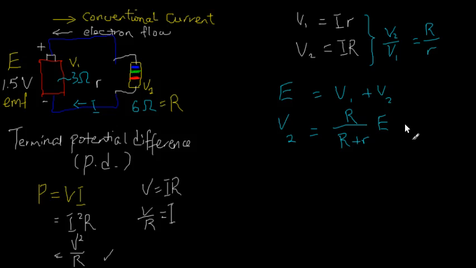And if I do that, I'll get the same answer as in the last video, which is 6 over 3 plus 6, times E, which is 1.5. So that's the value for V2.